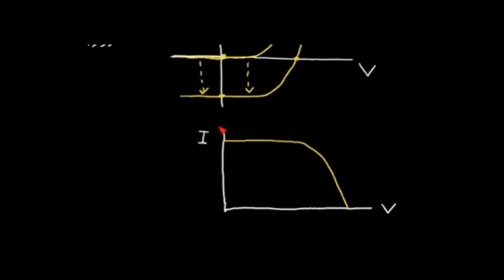So the key to the solar cell is that we want to extract power. We want this solar cell to do some useful work. And recall that power is equal to current times voltage. So if we are, say, operating right here, at this point, we have no voltage across the solar cell.